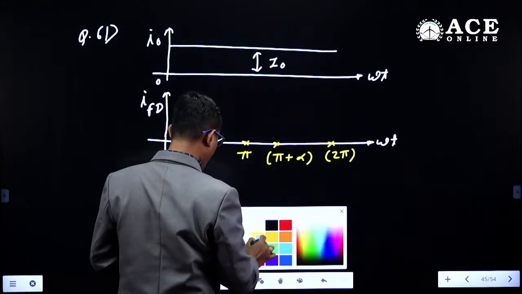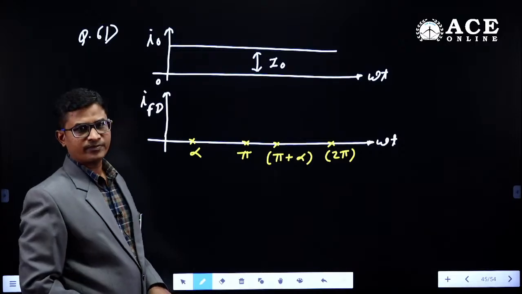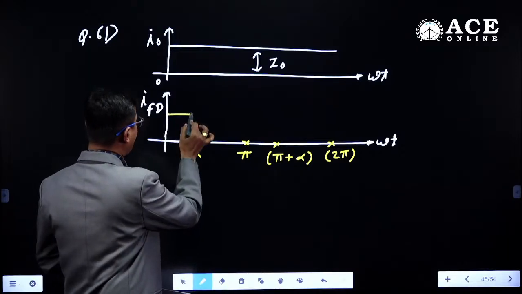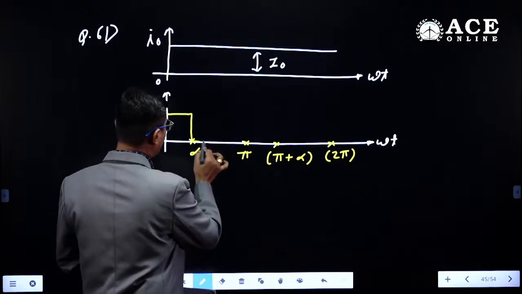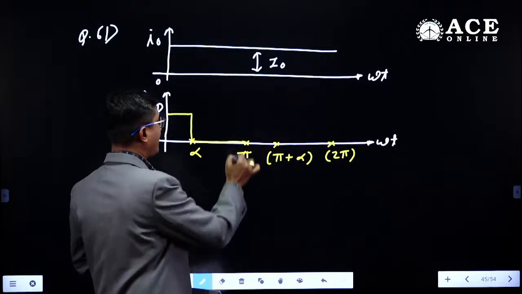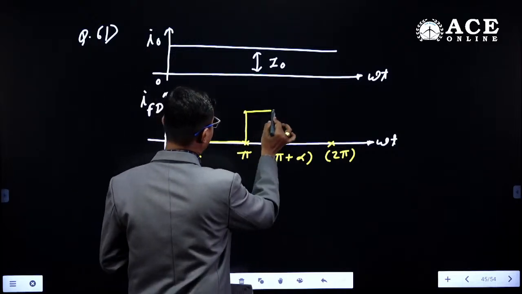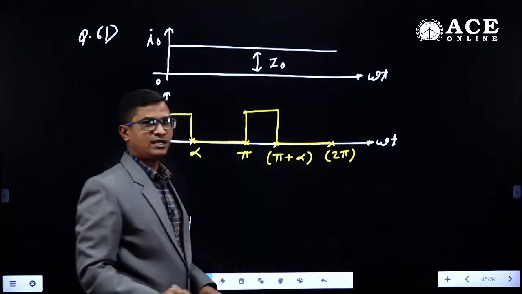In this, during which interval will the freewheeling diode be in conduction mode? 0 to alpha, the freewheeling diode conducts in the continuous case. Alpha to pi, thyristors T1, T2 conduct. Pi to pi plus alpha, again the freewheeling diode conducts. Pi plus alpha to 2 pi, again thyristors T3, T4 conduct.